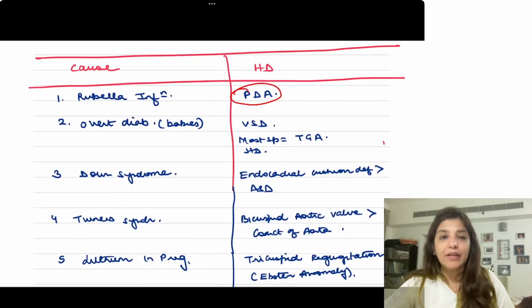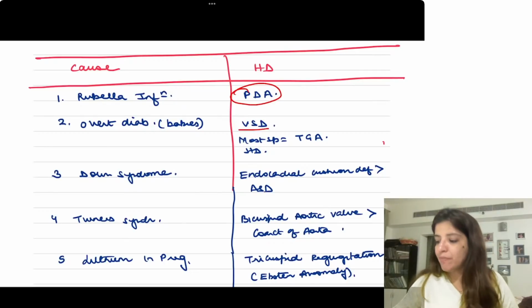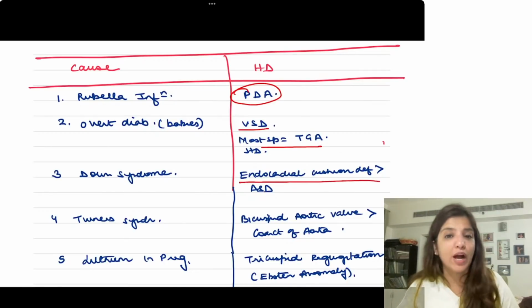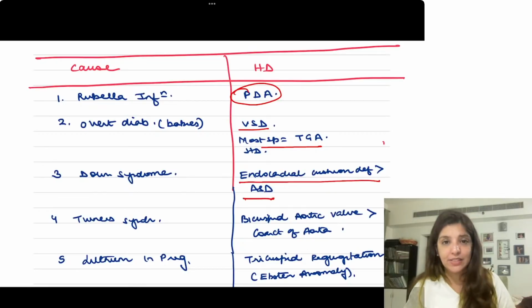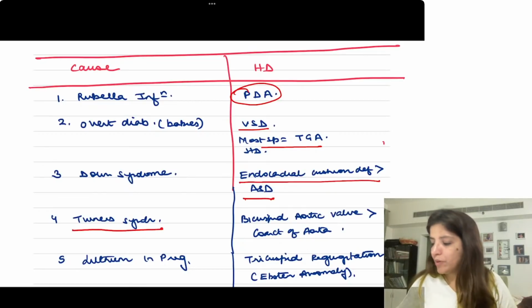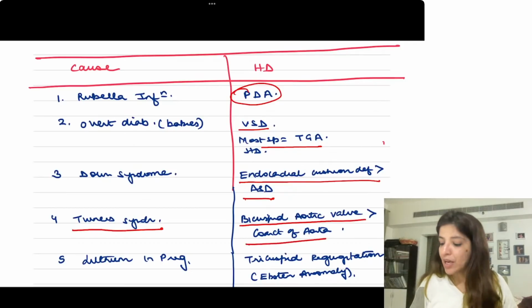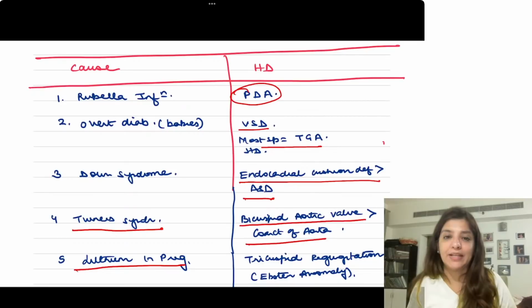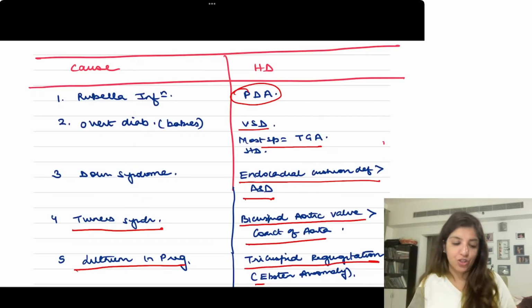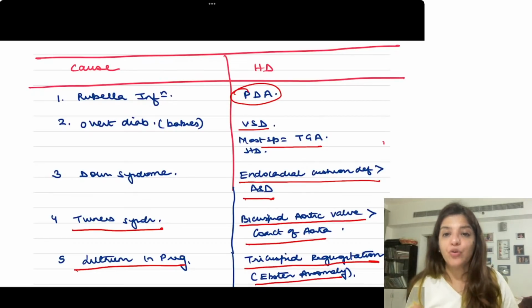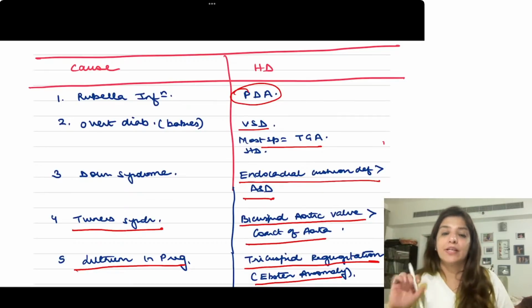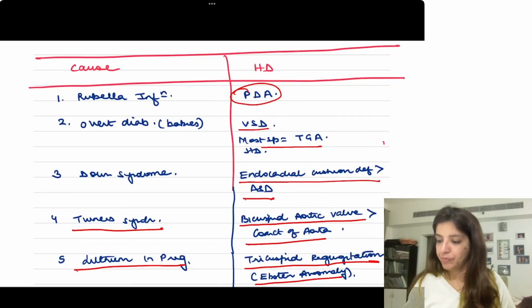Then in overt diabetics, the most common is VSD, most specific is TGA. In Down syndrome, most common is endocardial cushion defect followed by ASD. In Turner syndrome, it is bicuspid aortic valve followed by coarctation of aorta. If a mother takes lithium in pregnancy, you will get Epstein anomaly or tricuspid regurgitation. Clear to all of you? These are all important heart diseases which you have to remember, which you get in various conditions in OBS.